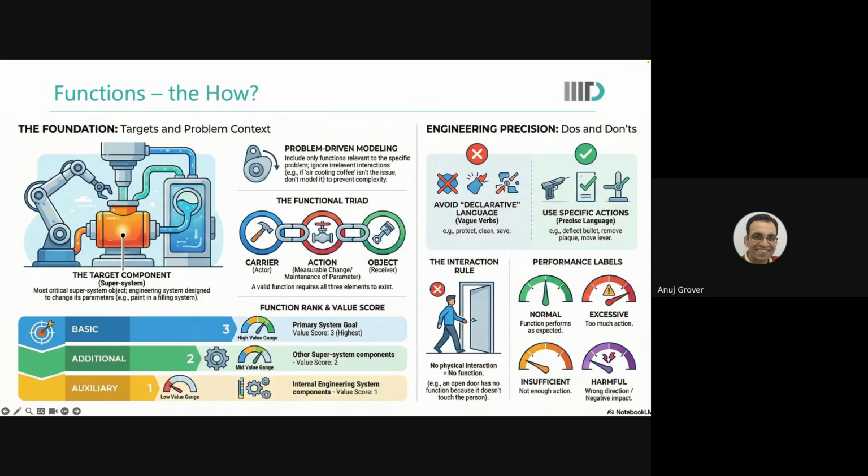In the paint example, we saw that when the pump operated excessively, that led to the paint overflow. So excessive is as bad as insufficient. In an ideal system, things work as they were designed. Neither more nor less. Both lead to wastage. Both lead to some problem sometimes. Are you with me?